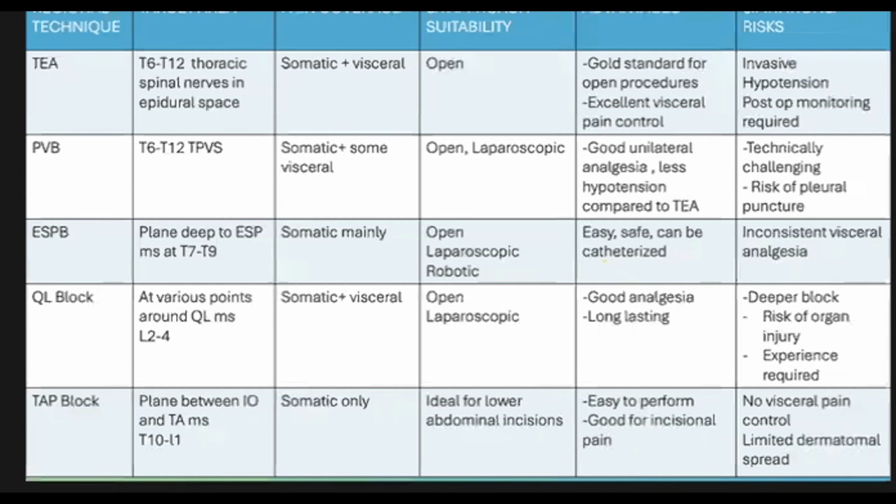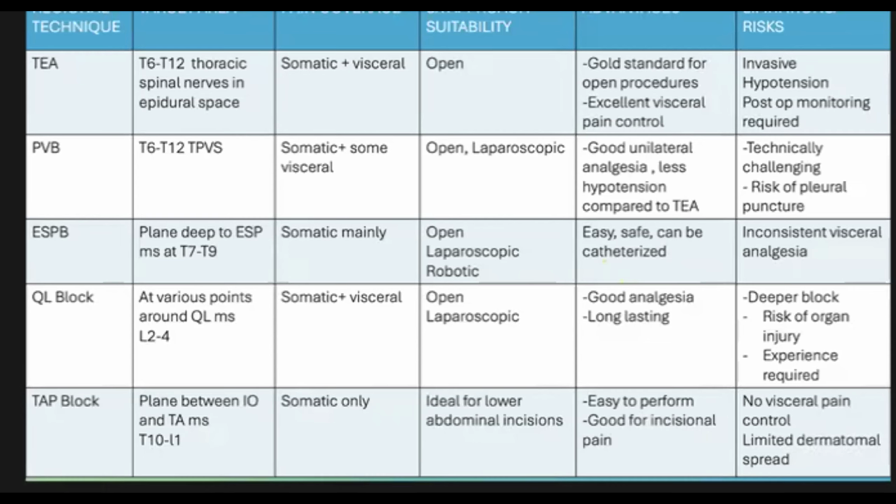So again, between thoracic epidural and the QL block, which cover both the somatic as well as the visceral, these seem to be better than just the ESP or a TAP block, isn't it? Yes. And paravertebral always has some danger, and you have to have a lot of experience, also with pleural injury. So that's why I asked, will you still go with ESP alone? Okay. Otherwise, I think you've covered all the things.